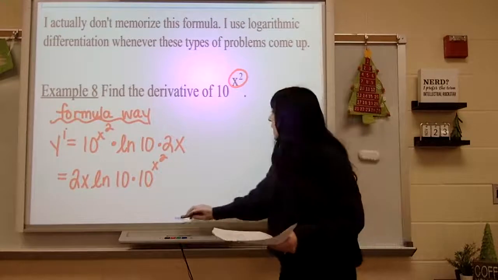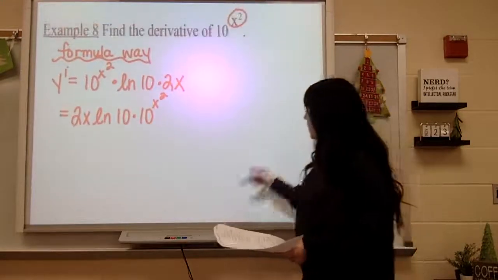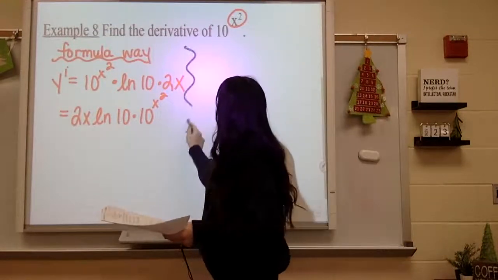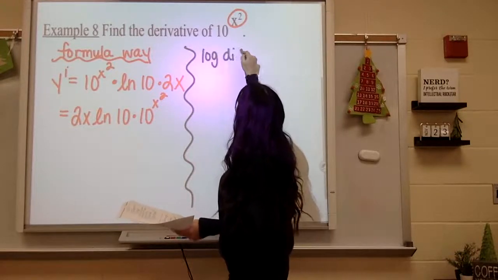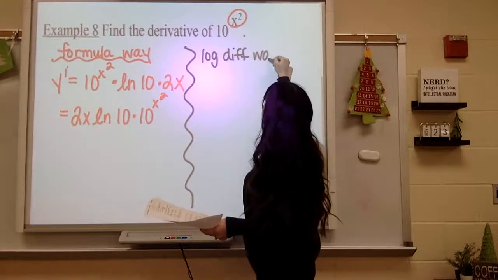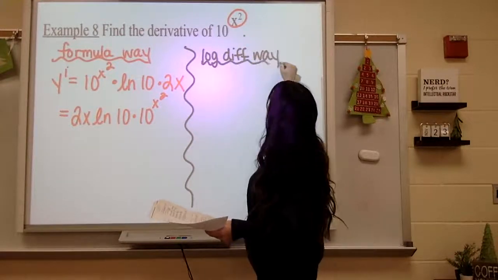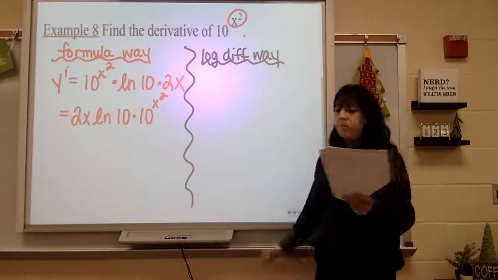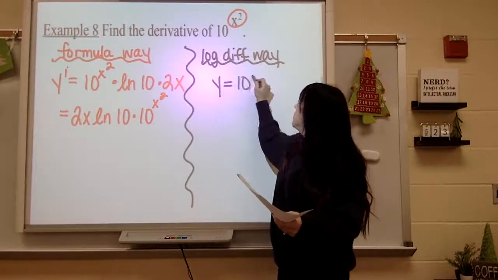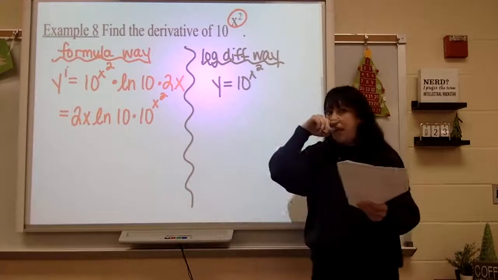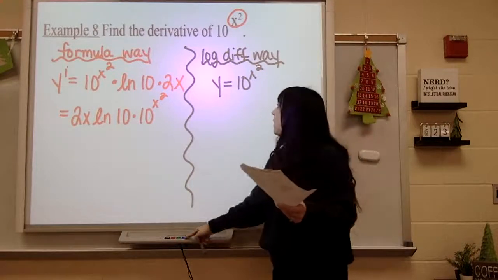All right, let's do this problem again, but let's do it the logarithmic differentiation way. Okay, so what I could do is write this as y equals 10 to the x squared power.